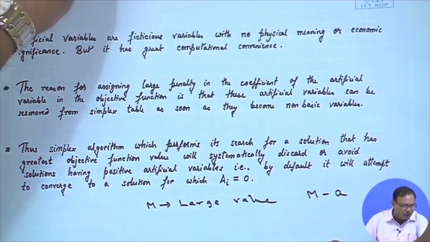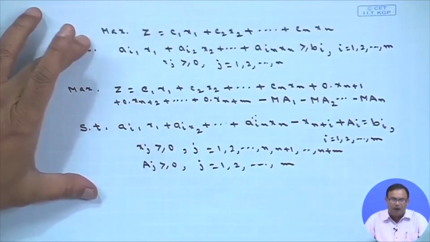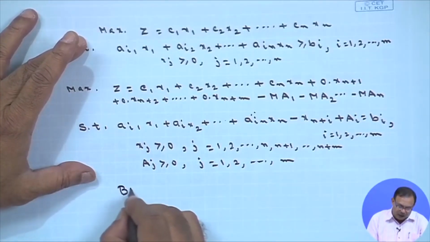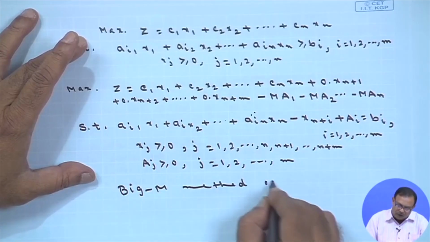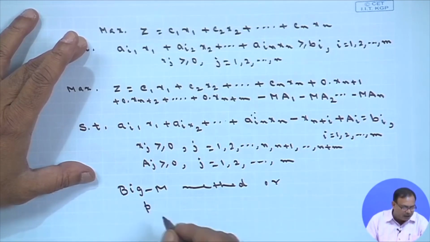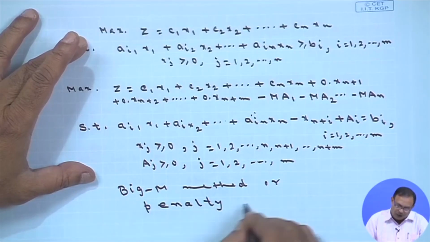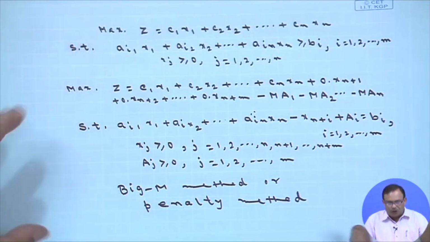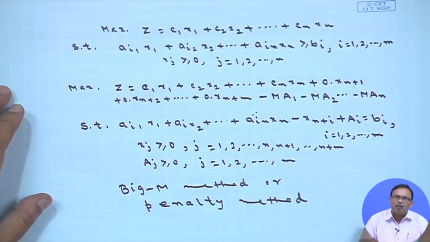And please note, this modified simplex method, whatever I have discussed here, is known as the big M method, or sometimes people say it is the penalty method also. So, we call this method the big M method or the penalty method.